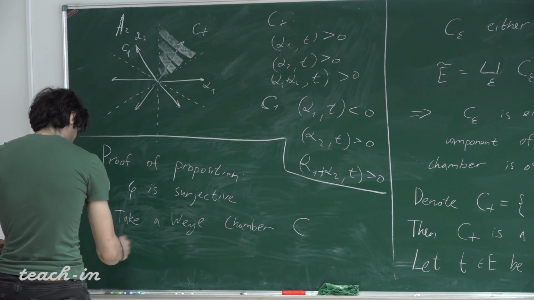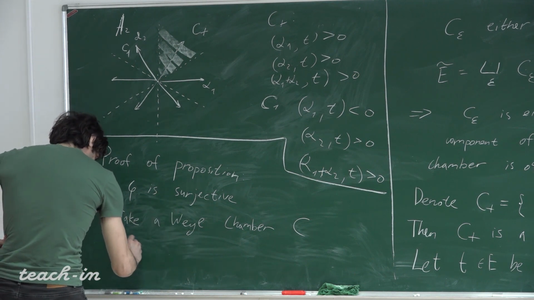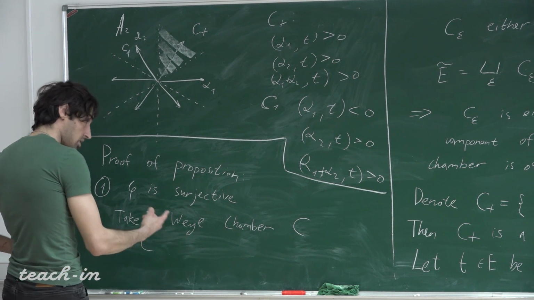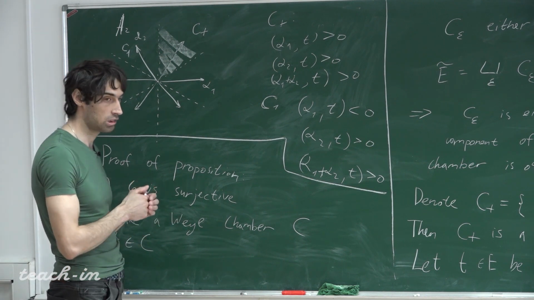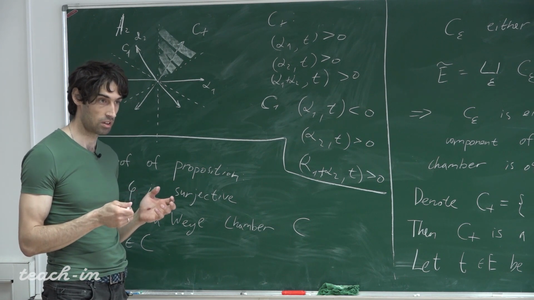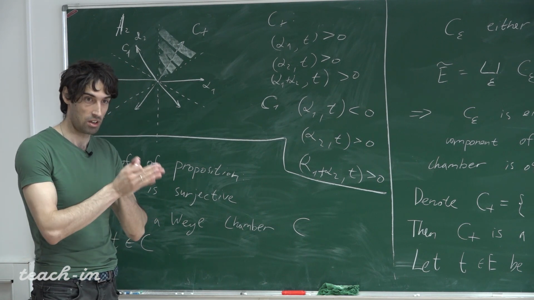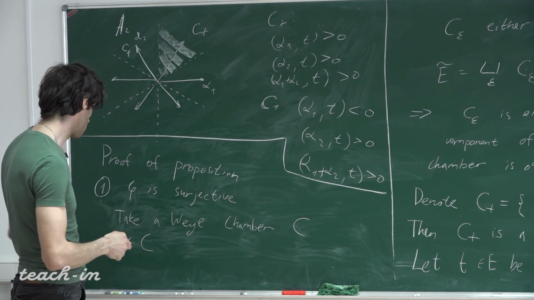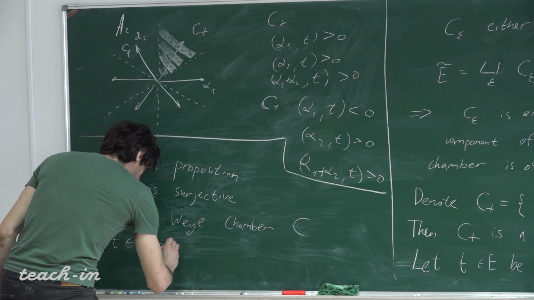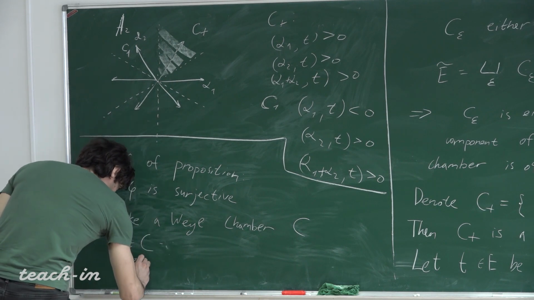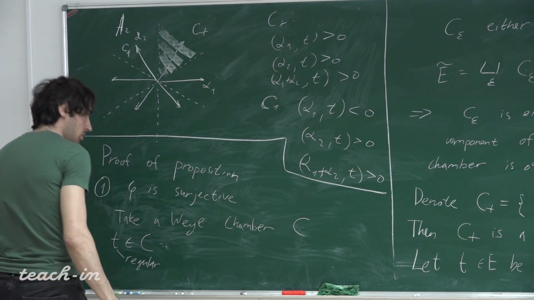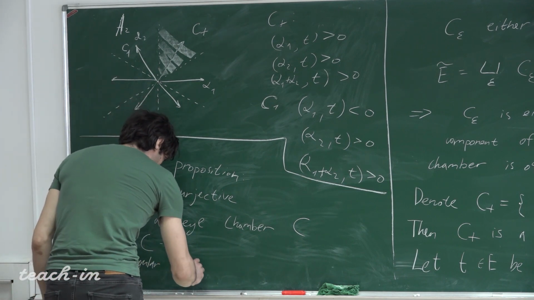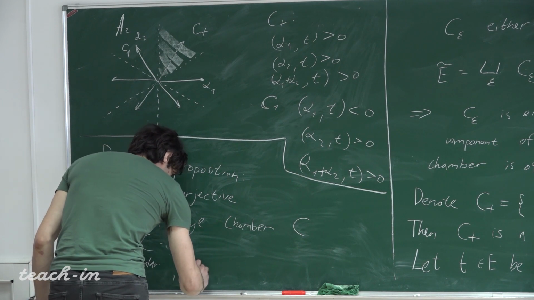And then it's not empty, therefore I can take some element in there. Each element of a Weyl chamber is regular, right? Because its inner product with any root is not zero. So therefore it's regular. On the other hand, let me define the polarization like this.